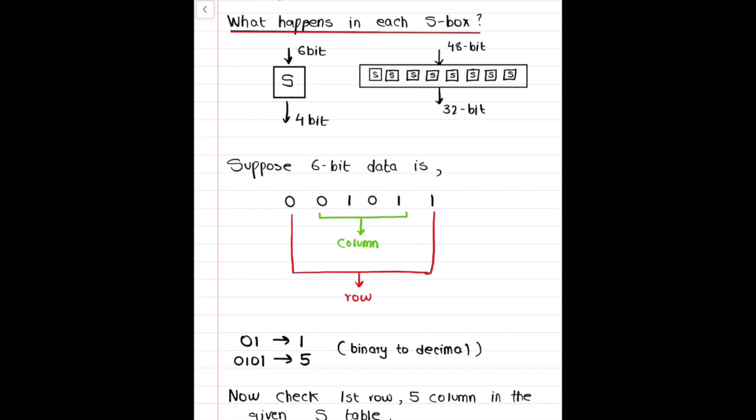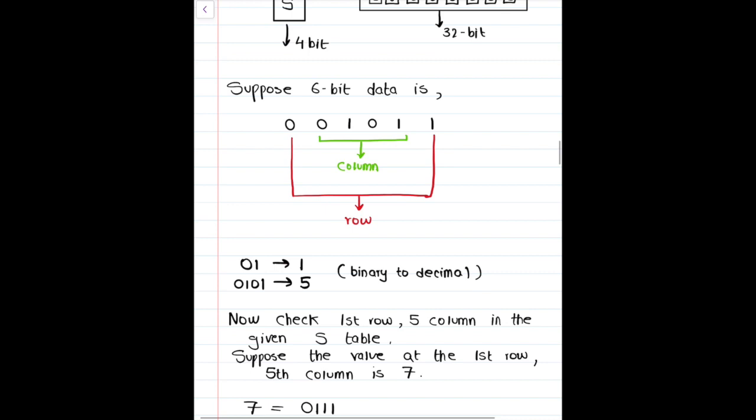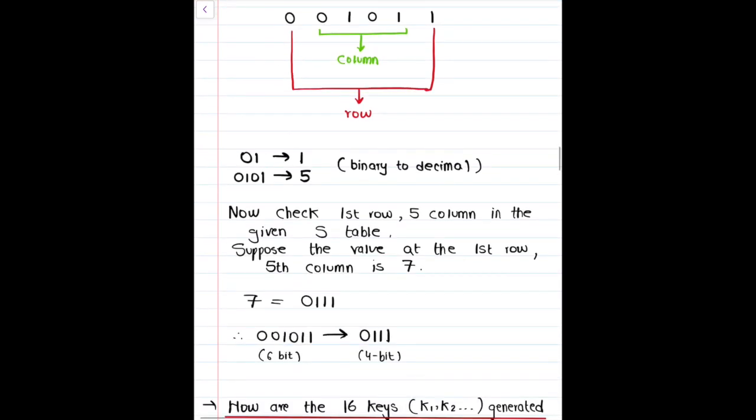Suppose the 6-bit input to one of the S boxes is 001011. The middle 4 bits represent the column, while the outer 2 bits represent the row. So in this example, our row will be 01, which if we convert to decimal is 1, and our column will be 0101, which in decimal is 5. Now we check the first row and 5th column in the given S table.